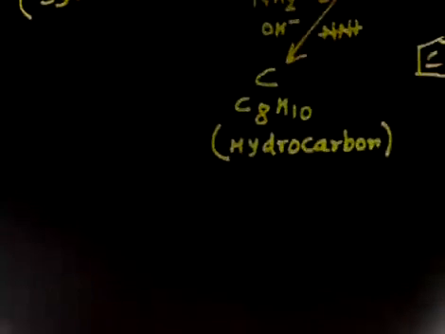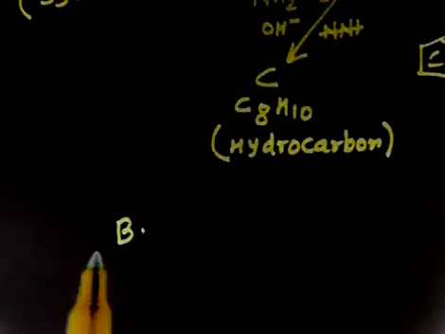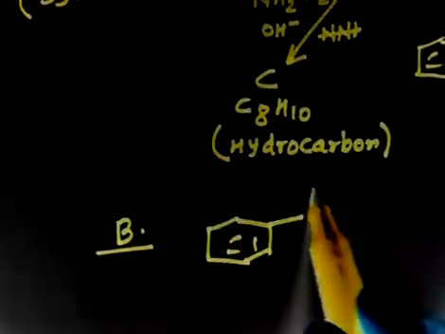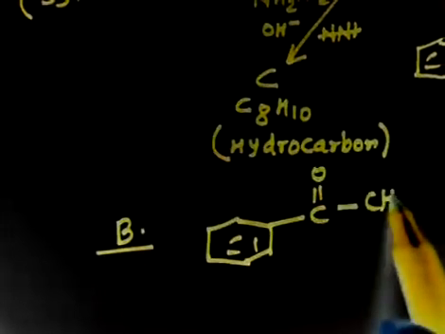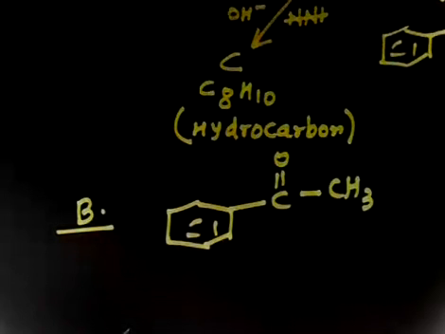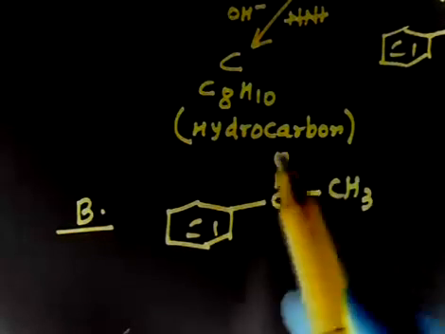So obviously, the structure of B will be, so easy problem, you see, PhCOCH3. This is a methyl ketone group, and if you treat this compound, it will give the iodoform test because we have the methyl ketone group.